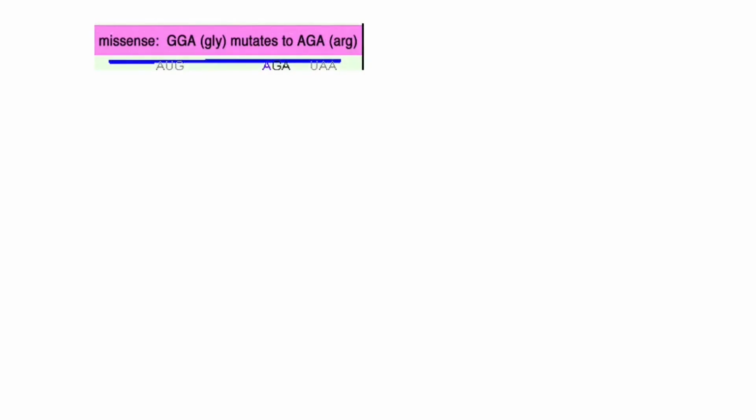Let us understand this with our example where a missense mutation has converted GGA, which codes for glycine, to AGA, which codes for arginine. This is arginyl tRNA with anticodon UCU for arginine.